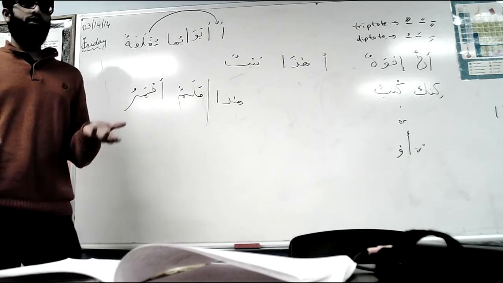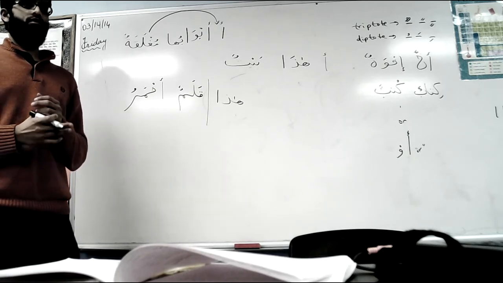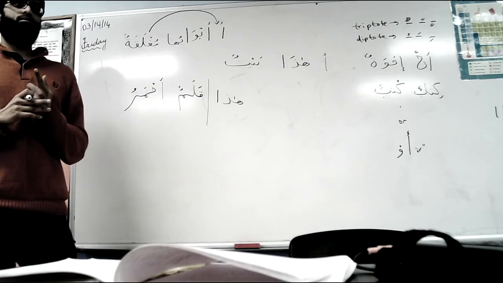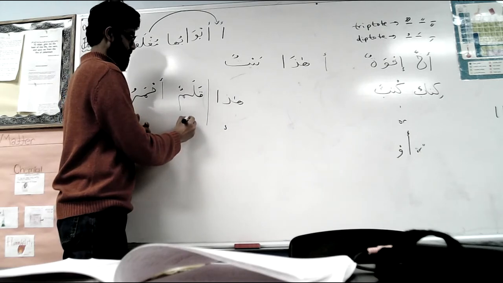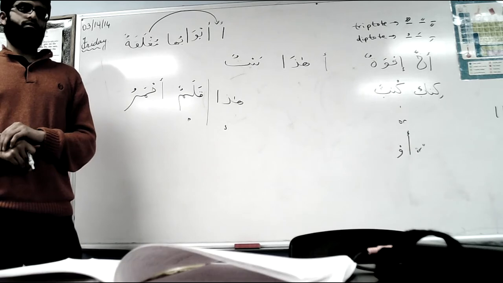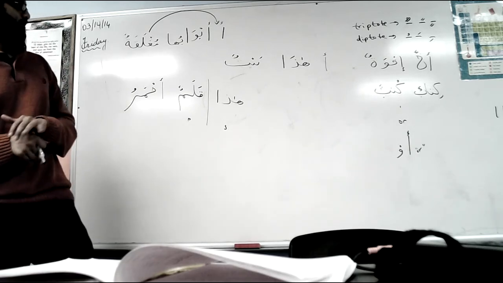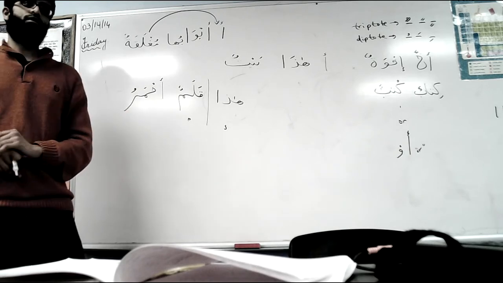So what is it doing in the sentence? Khabar, right? So here's my subject and here's my predicate. All right. So how many pens is it? One. Definite or indefinite? Indefinite, right?